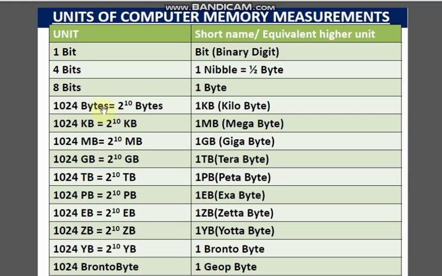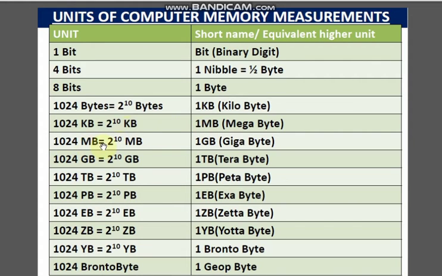So 1024 bytes, that is equal to 2 to the power 10. If you multiply 2 10 times, 2 into 2 into 2 into 2 like this, 10 times if you multiply, you will get 1024. So we can say 1024 bytes is equal to 1 kilobyte, that is 1 KB. Again 1024 kilobyte, or we can say 2 to the power 10 kilobyte is equal to 1 MB, 1 megabyte.